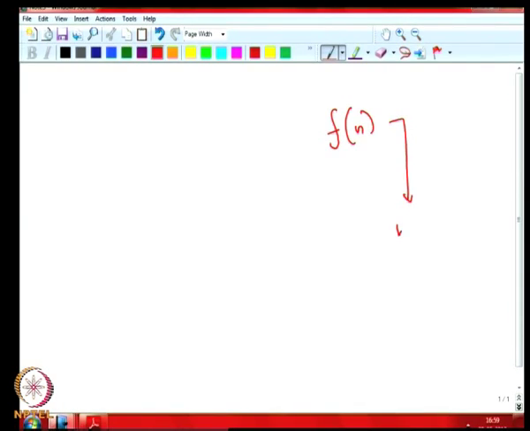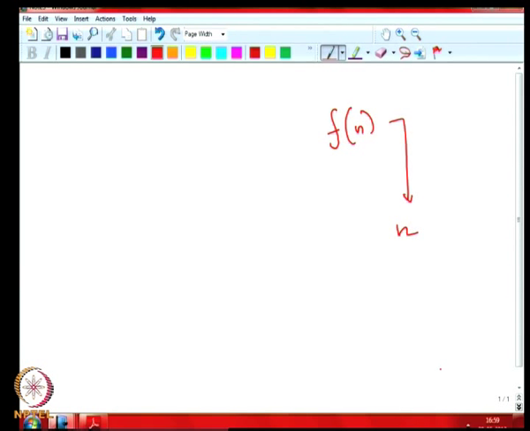It does not come isolated. So, it may happen that our count is f of n when the underlying problem has a parameter n.